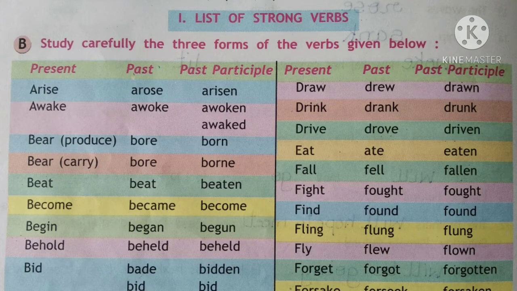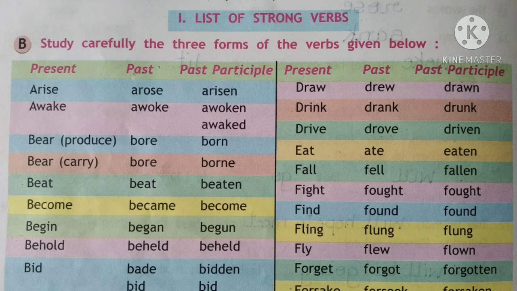So here you can see a strong verb, for example, arise, A-R-I-S-E. That changes into the V2 past tense by changing the I into O. It becomes arose. And the past participle, that is verb 3, is arisen.